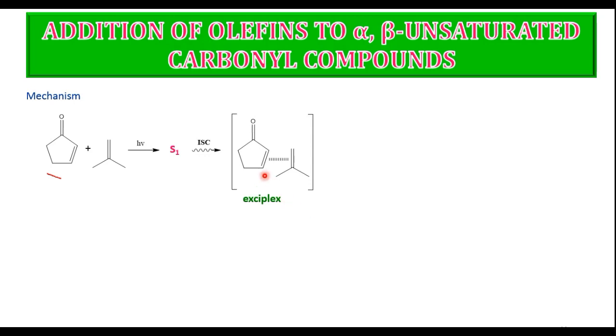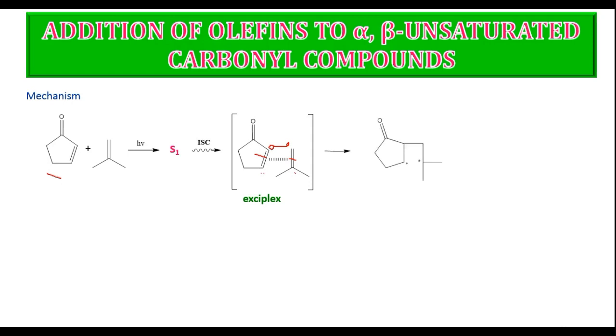Now you can see that here the pi bonds in interaction undergo homolytic cleavage. We get a radical at these positions. Now these two radicals make the bond. So here we have a radical, here also we have a radical. Okay, so the two radicals are obtained after the breakage.